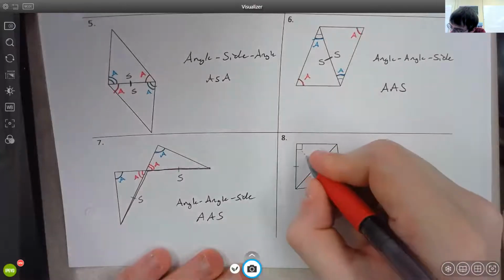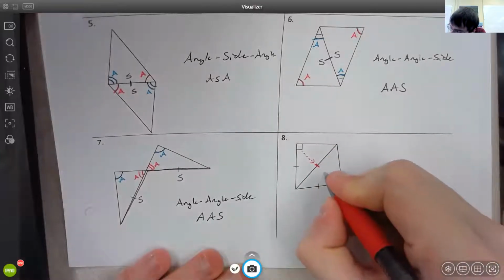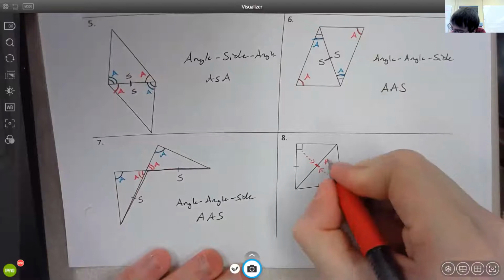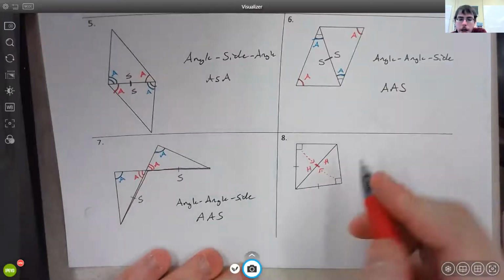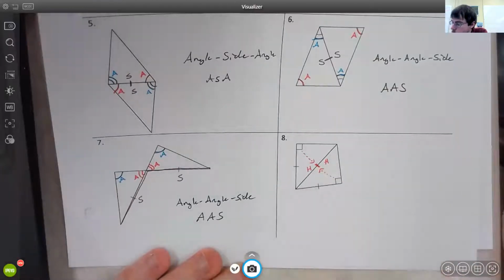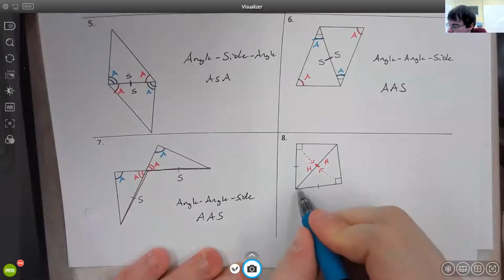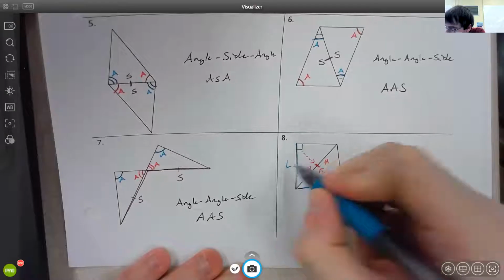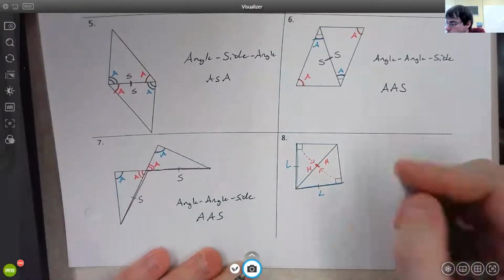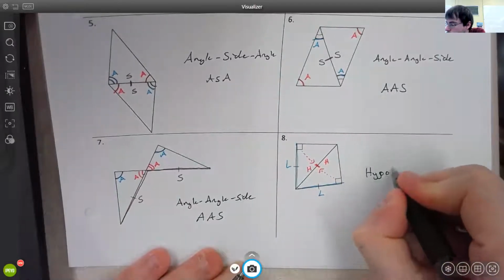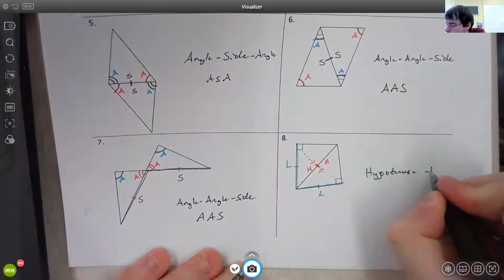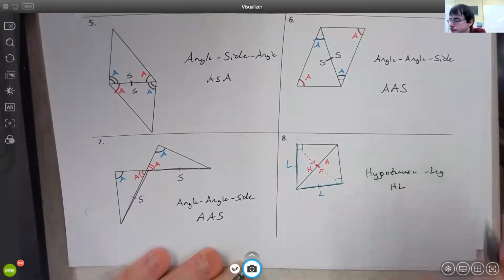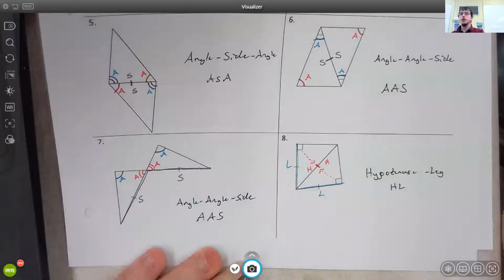Well, if you draw your arrow opposite from the right angles, that would be your hypotenuse. And then that means that these two would be your legs. So we're dealing with hypotenuse leg, or HL. Okay, so that's the first 8.